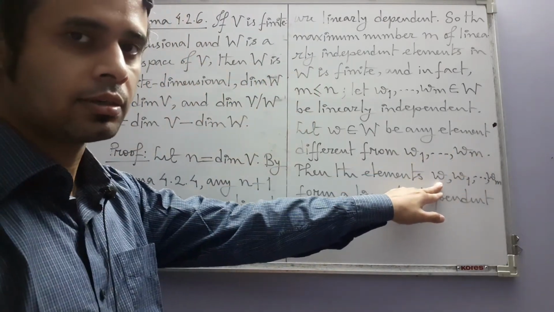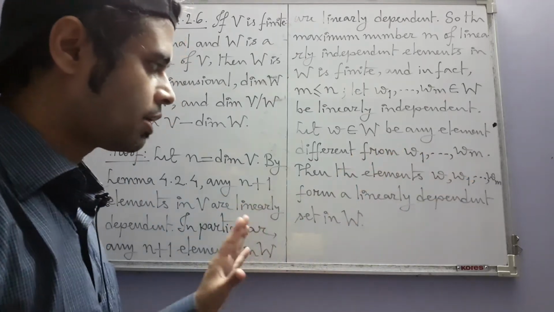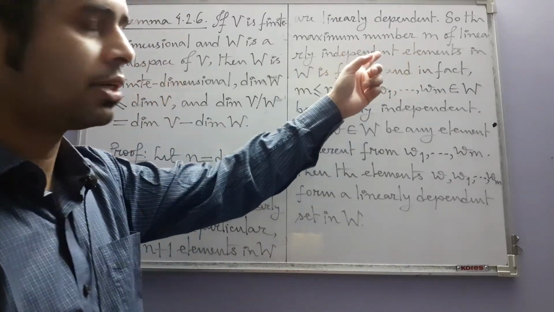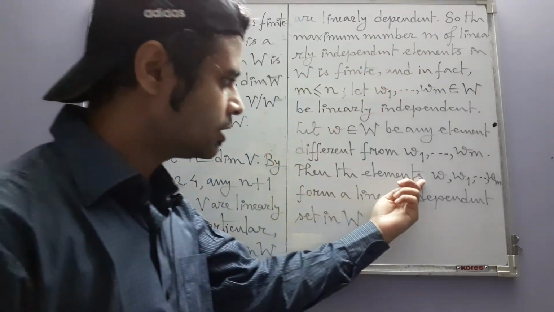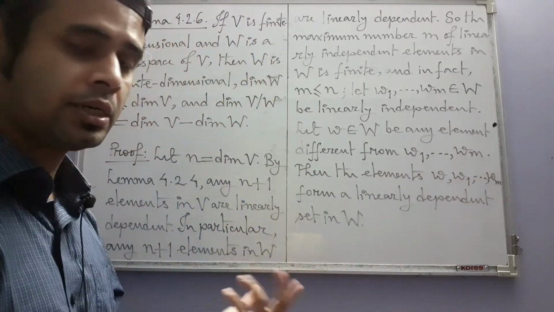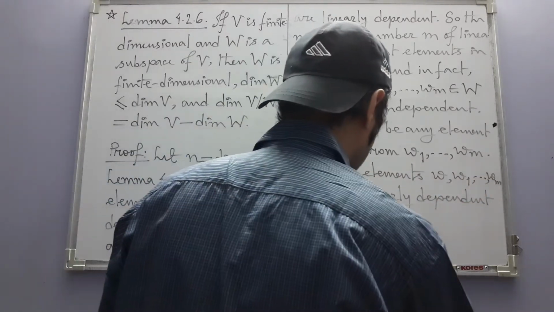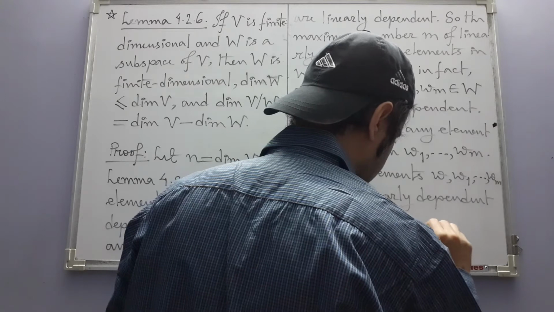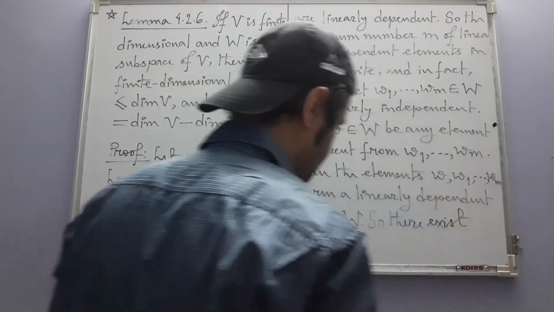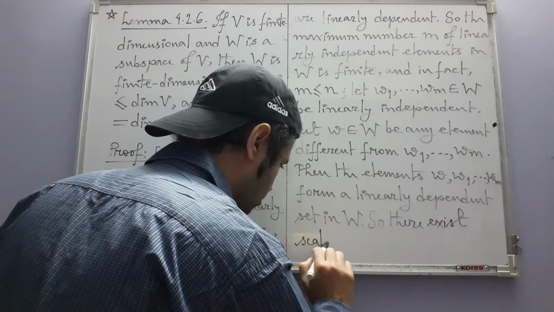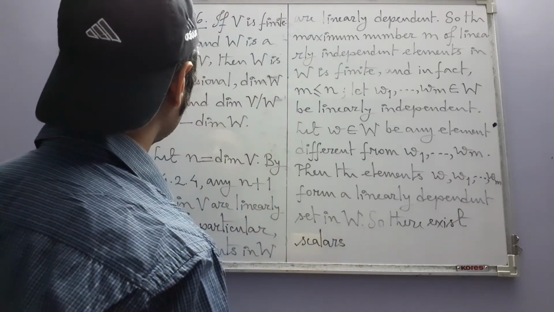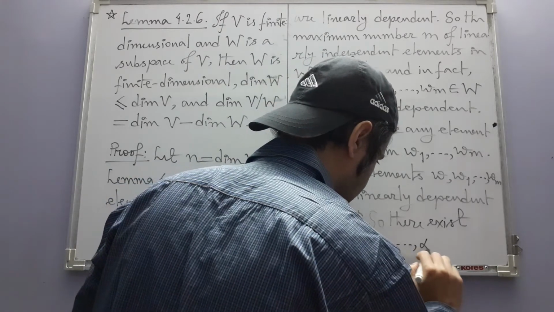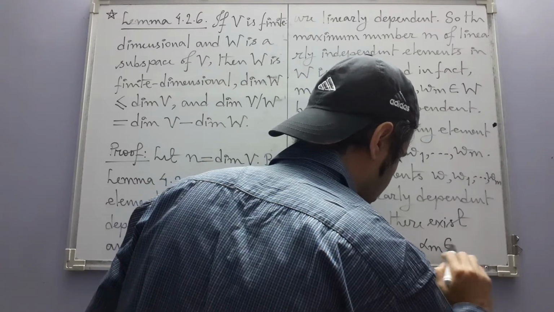If I now take this extra w along with the wi's, I get m plus 1 elements, which exceeds the maximum number m of linearly independent elements one can have in W. So this new set is a linearly dependent set in W. So there exist scalars or field elements alpha, alpha 1, alpha 2, up to alpha m in F, not all 0.